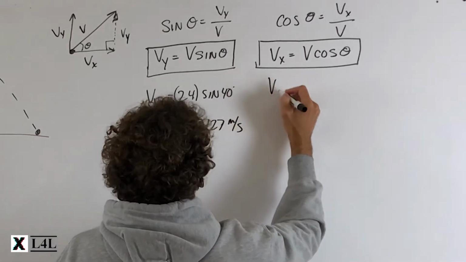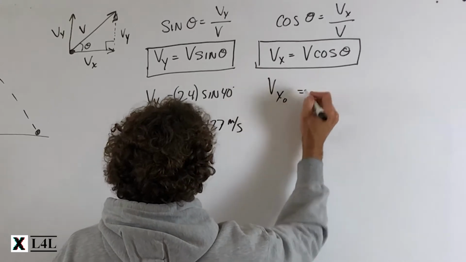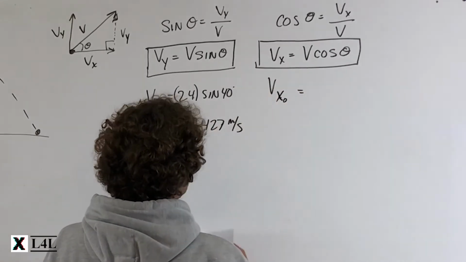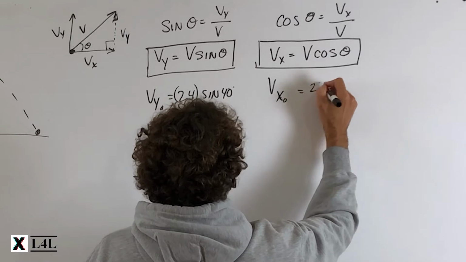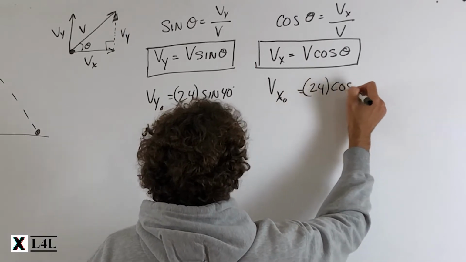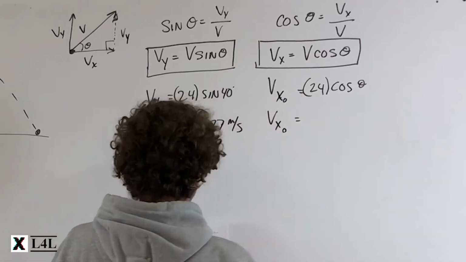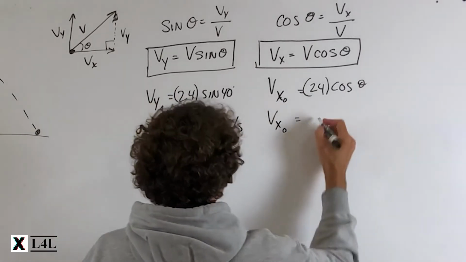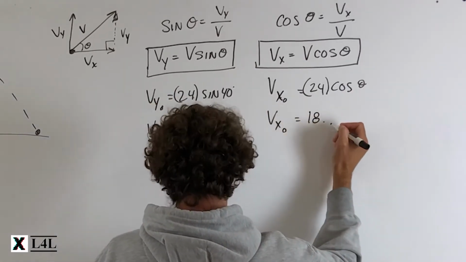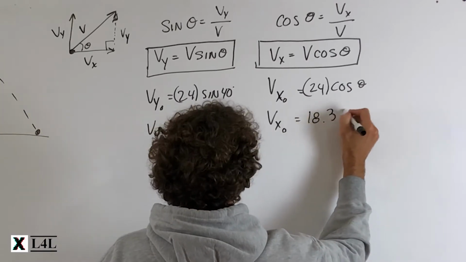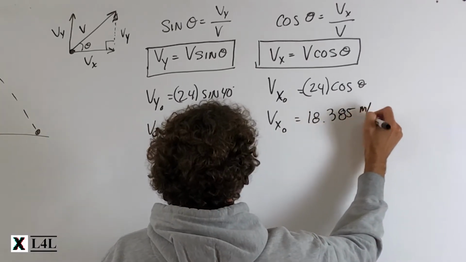And the initial horizontal velocity is equal to 24 times the cosine of theta. V sub x initial is going to be equal to 18.385 meters per second.